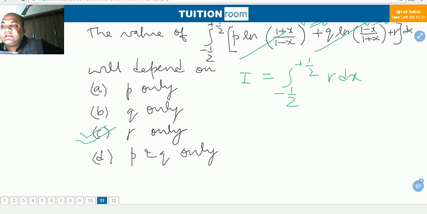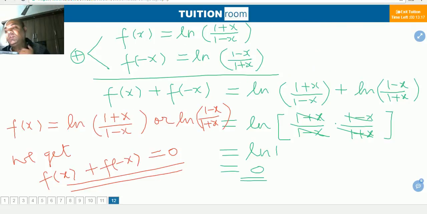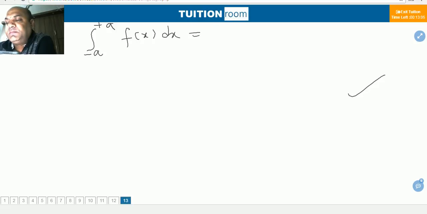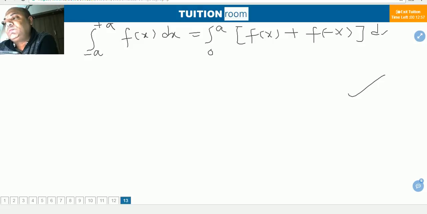Put minus x equal to t and the limit will change in this integral. Here the limit of x is 0 to a, and the limit of t will be, when x is 0, t is 0, when x is a, t is minus a. So it will be 0 to minus a, f(t), and dx will be equal to minus dt.